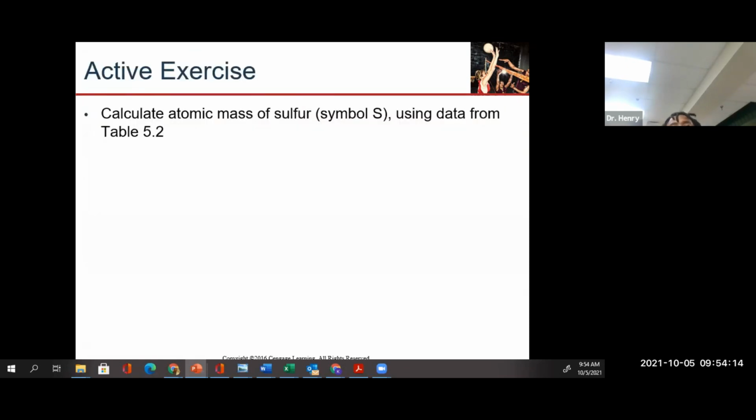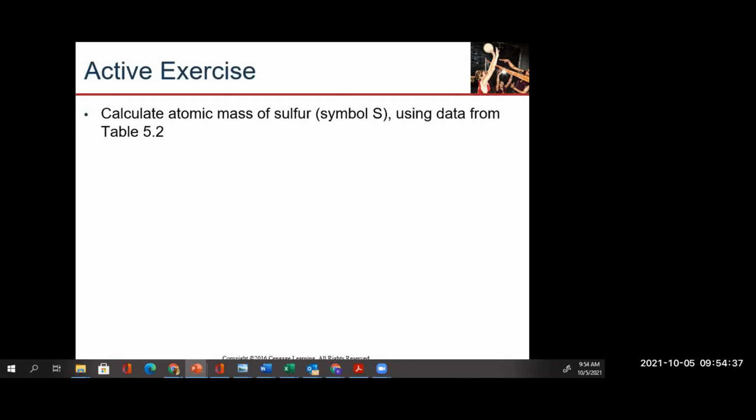Okay, so if on the exam I give you, calculate the atomic mass of sulfur using the data from table 5.2, I want you to do the calculations for sulfur. You guys will be able to do that, no problem? You're not sure?